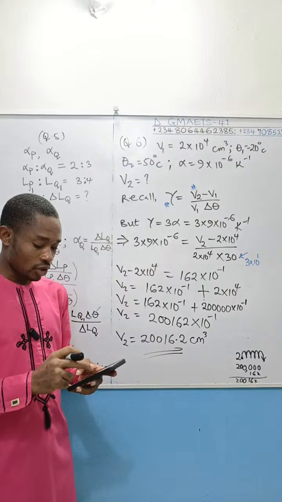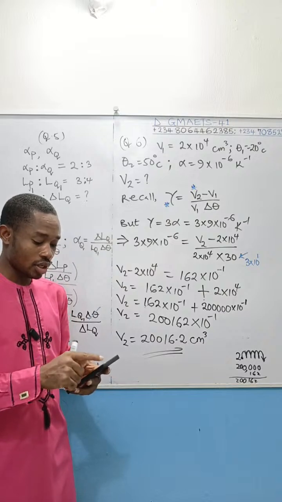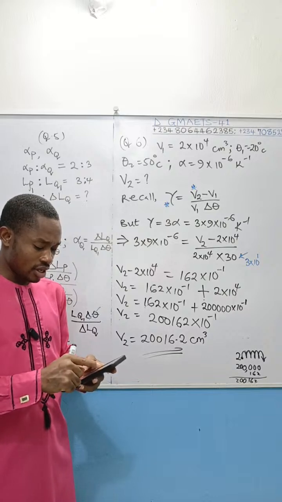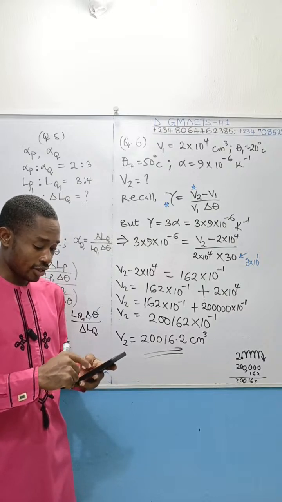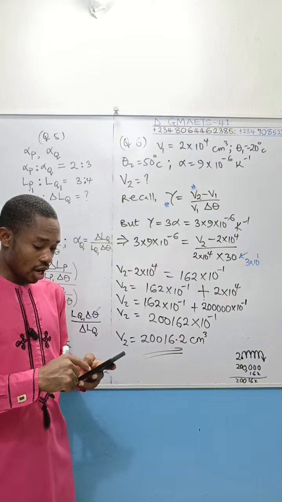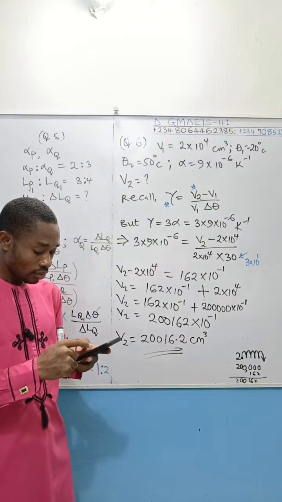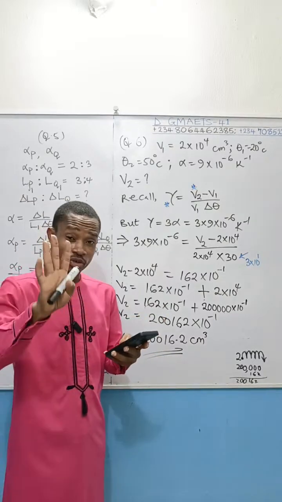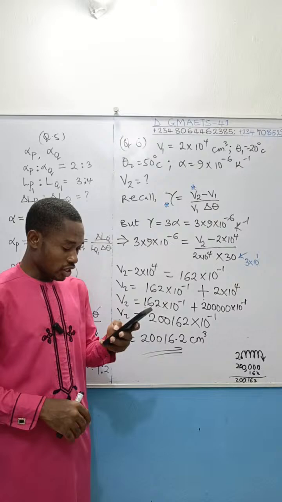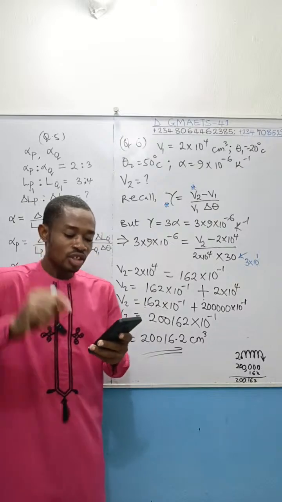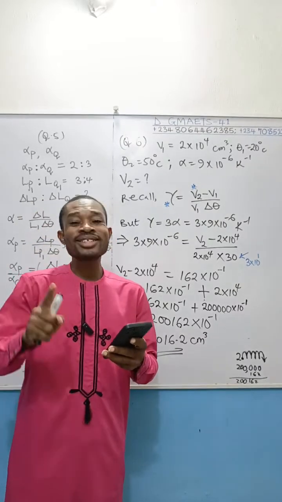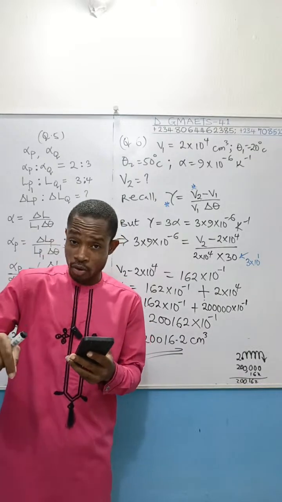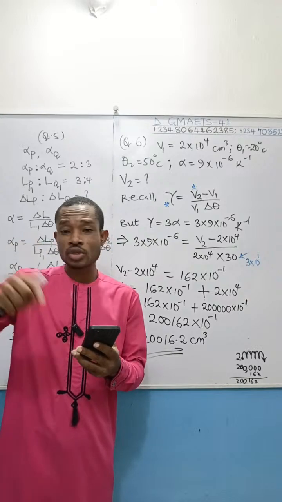I read the options for you already, so you can say that the answer is there, but let me dictate the options once again. So we have question number 6. We are left with 4 questions actually. Question 6, option A, 200,16.2 cm cube.